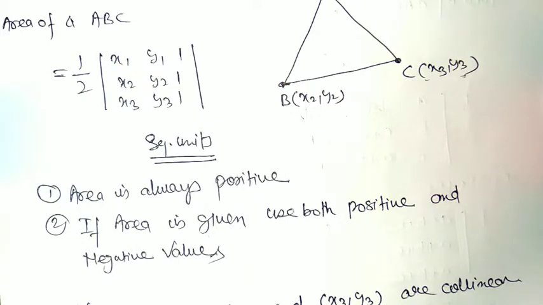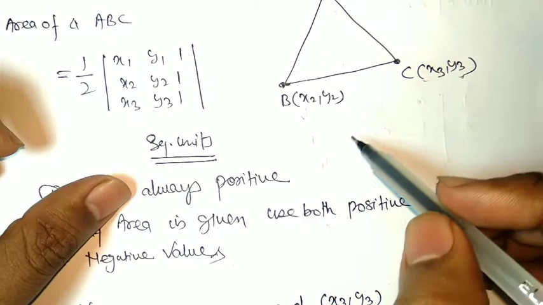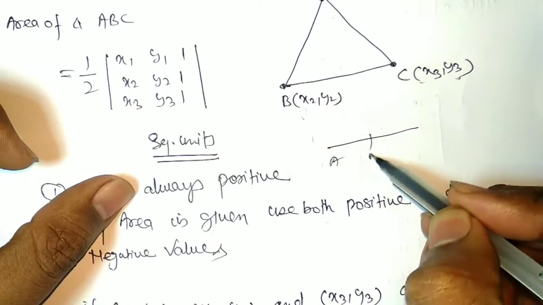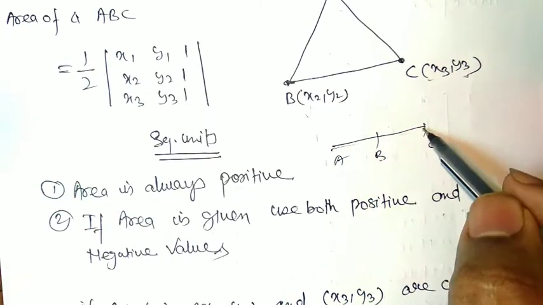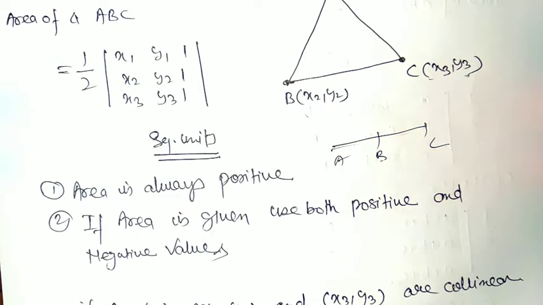Now by using this determinant method, we can check whether the points are collinear or not. Suppose A, B, C are collinear, then the area of the triangle would be 0. So if we are getting area of triangle ABC as 0, it means points A, B and C are collinear.